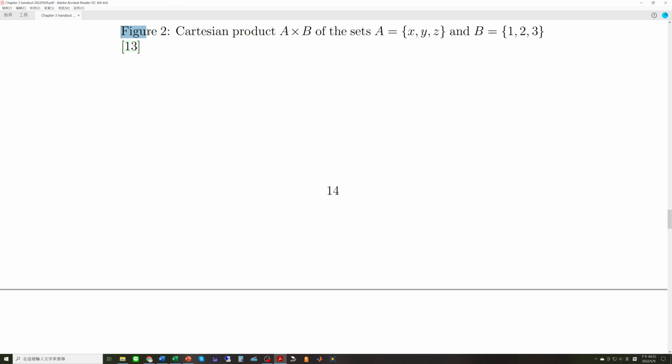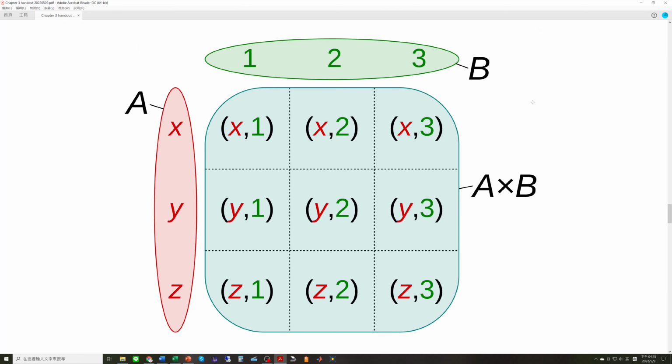Figure 2 shows the Cartesian product A times B of the sets A, which is equal to {x, y, z}, and B, which is equal to {1, 2, 3}. In this figure we can see that the set A is equal to {x, y, z}, and the set B is equal to {1, 2, 3}.